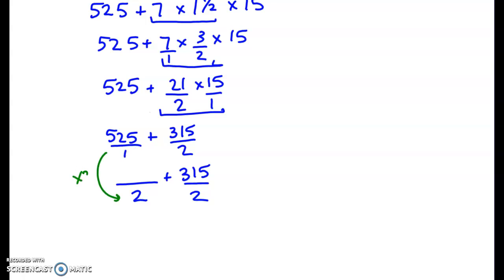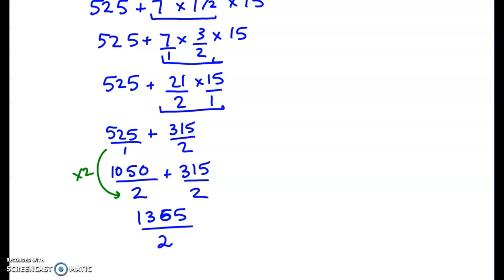We're multiplying by 2. So we're going to have 1,050 plus 315, 1365 over 2, the common denominator.